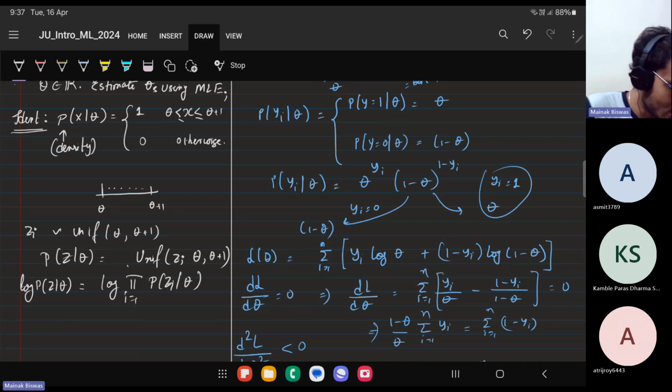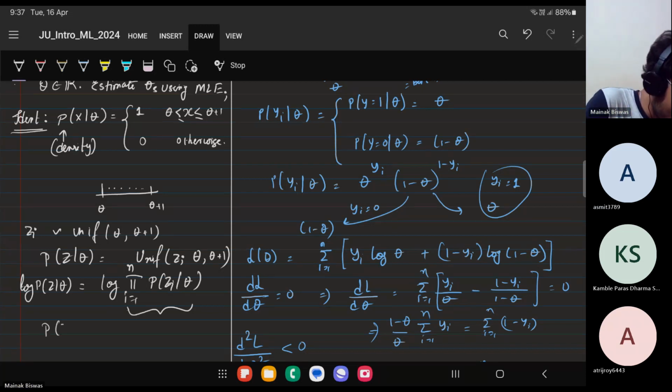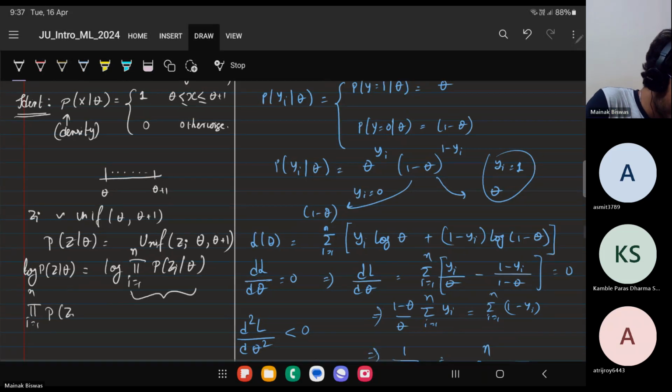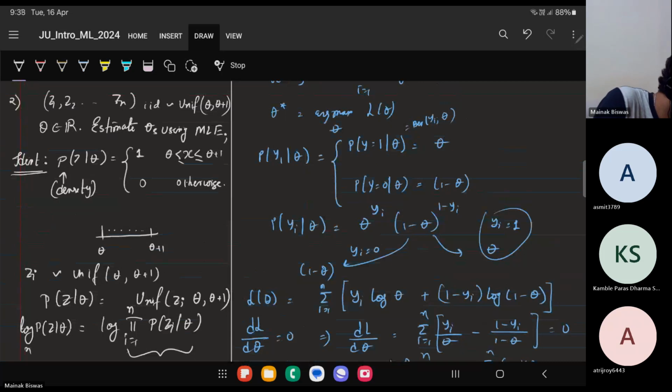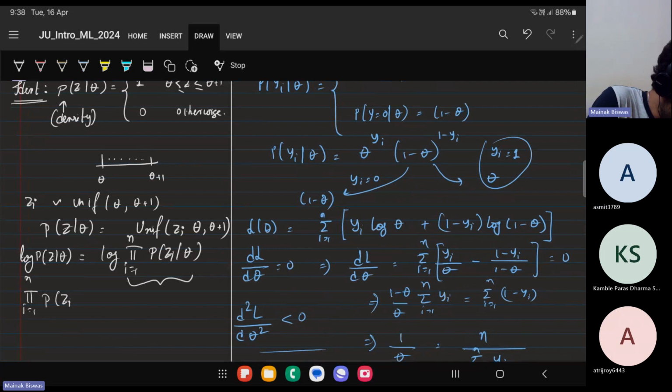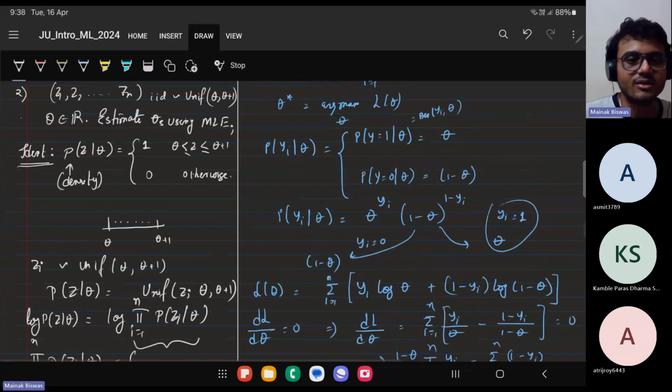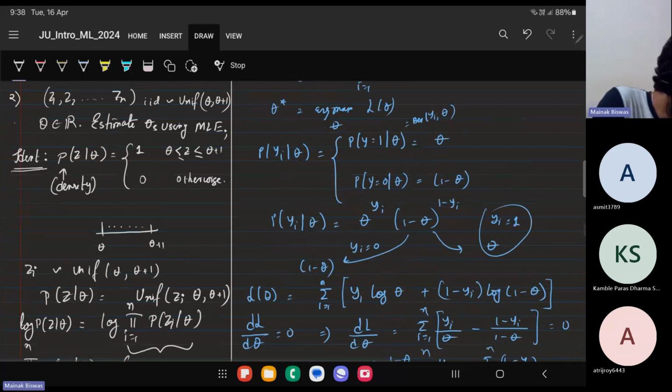My question to you is, what are the values that this can take? So P of the product of i equal to 1 to n of zi. How can we get the values? You know this, right?